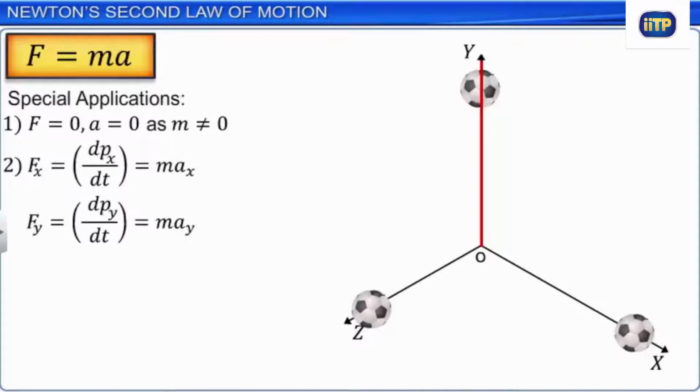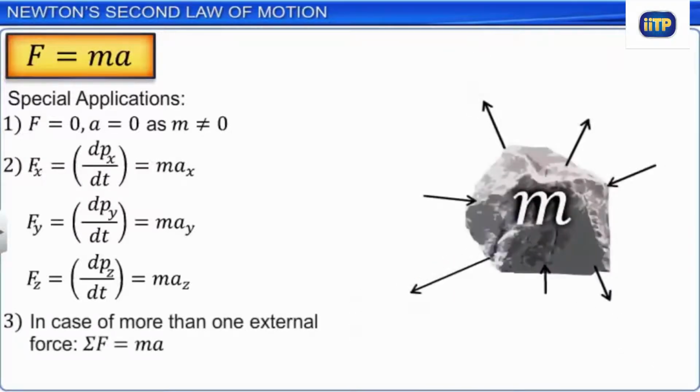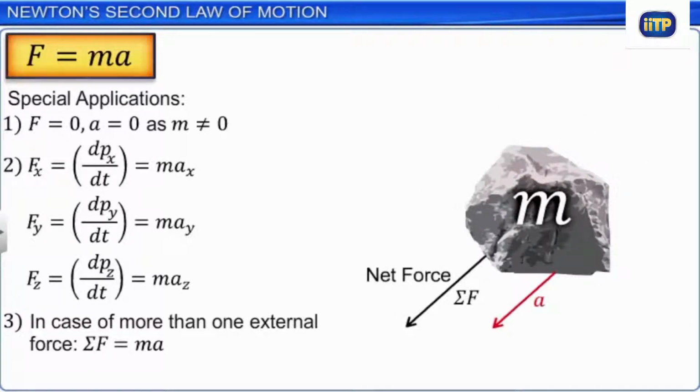Fz is equal to dpz by dt, which is equal to maz. F here stands for external force acting on the body. When a number of forces are acting on a body, we should take the net force in the equation as sigma F is equal to ma. Newton's second law applies to instantaneous force and instantaneous acceleration.